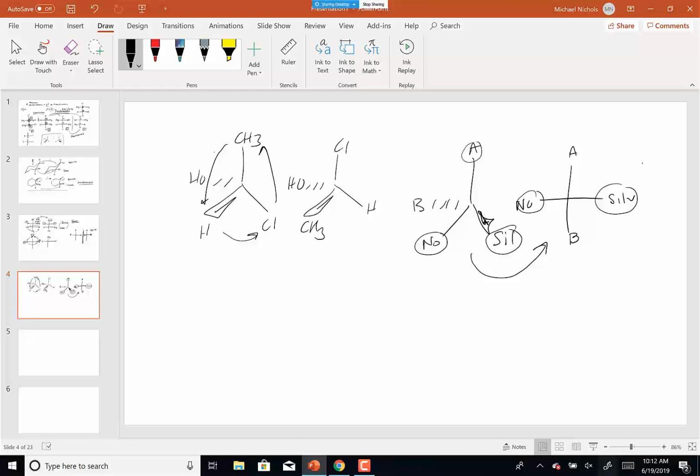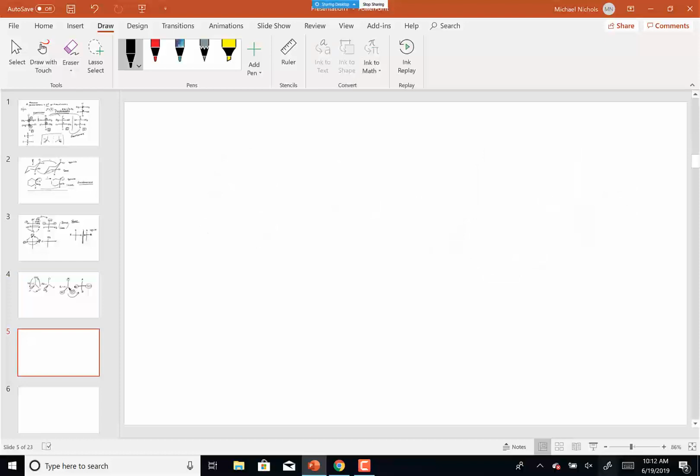But we have one more stereochemical relationship left that we have to define. And this will only occur with 2 or more chiral centers. And that is meso.